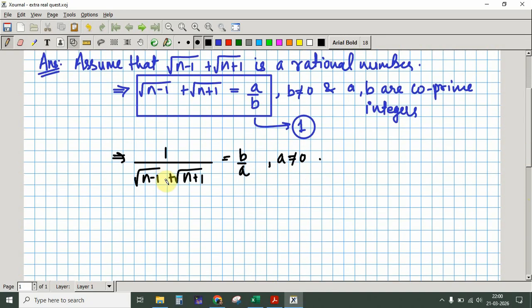Now recall from grade 9 that whenever we see such an expression, what comes to our mind? Let's rationalize this. So 1 upon square root of n minus 1 plus square root of n plus 1, multiplied by square root of n minus 1 minus square root of n plus 1, divided by the same thing.